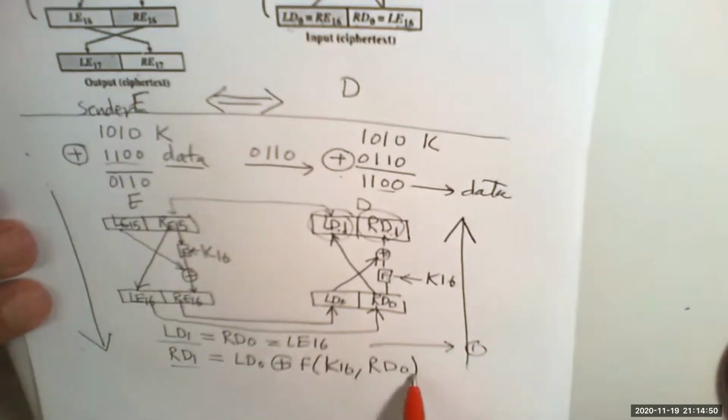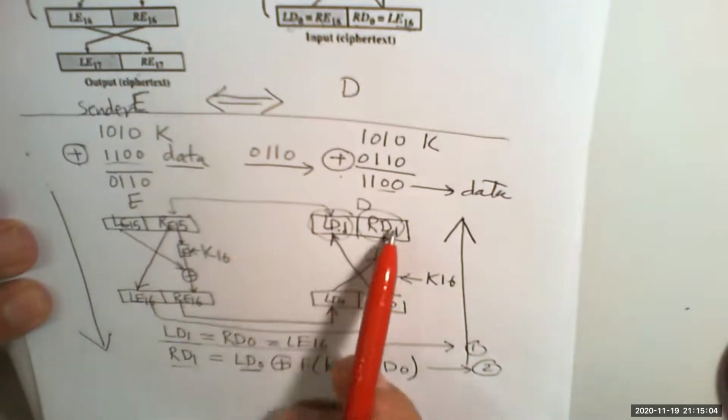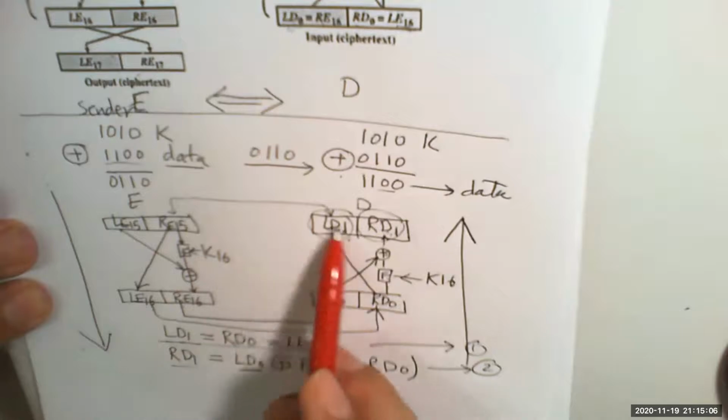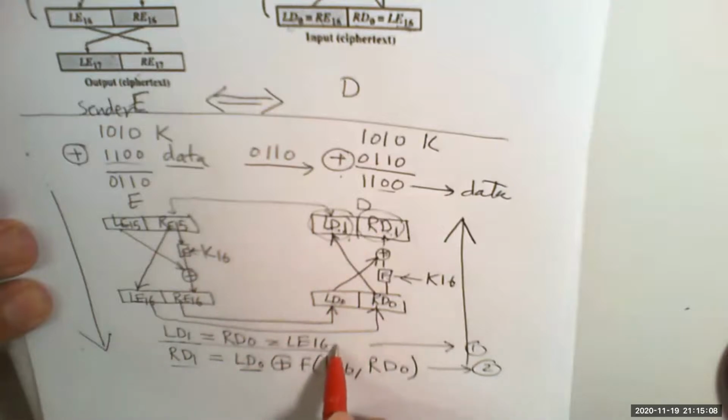Sorry for covering, RD1 is LD0 XOR F of K16 and RD0, and this is the second function. I want to reduce the first function to get LD1 to get RE15, and reduce this one, RD1, to get LE15.